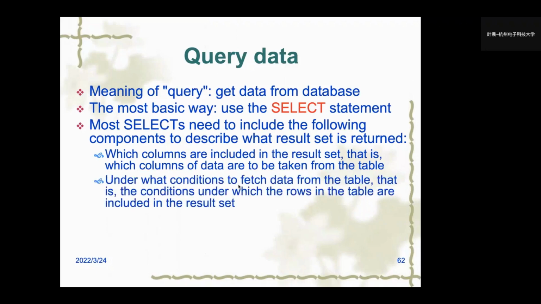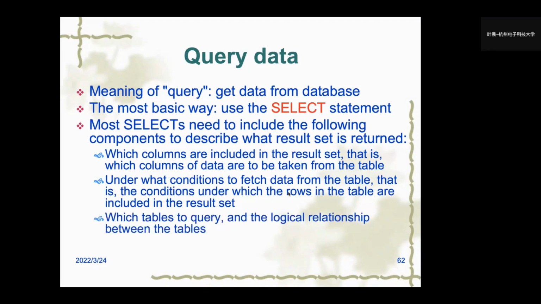Second, under what conditions to fetch data from the table, that is, the conditions under which the rows in the table are included in the result set. The third, which tables to query, and the logical relationship between the tables. Last is the sort order of rows in the result set. And in the following of this class, we will learn how to do this.